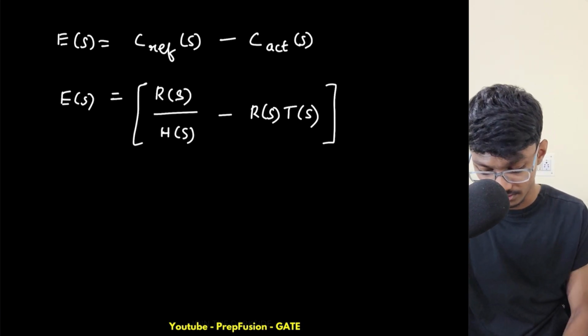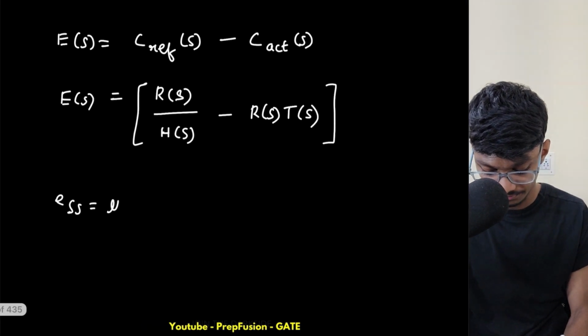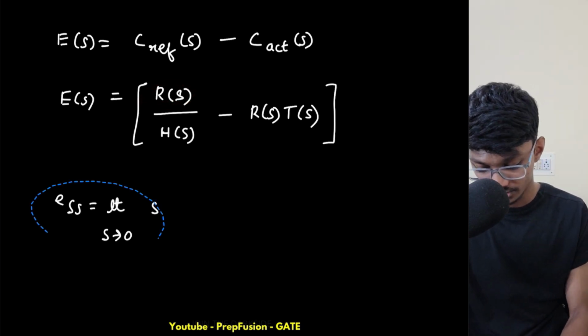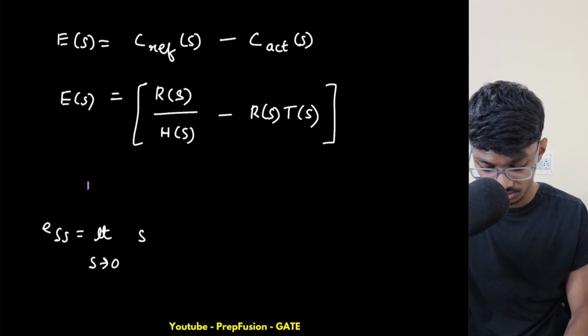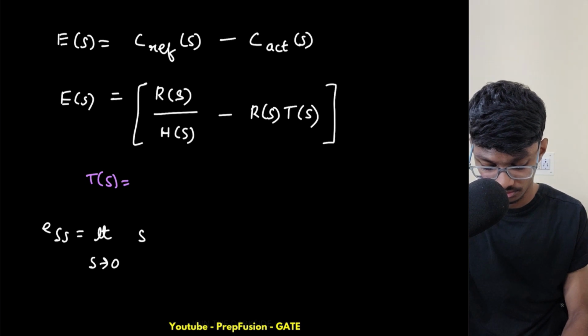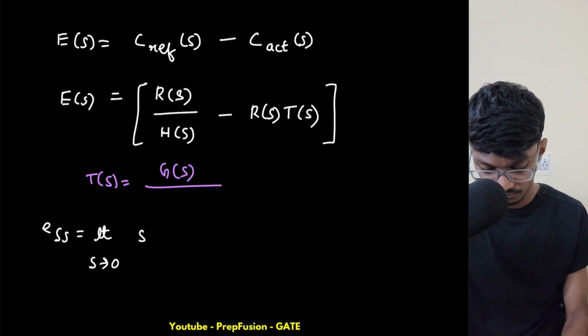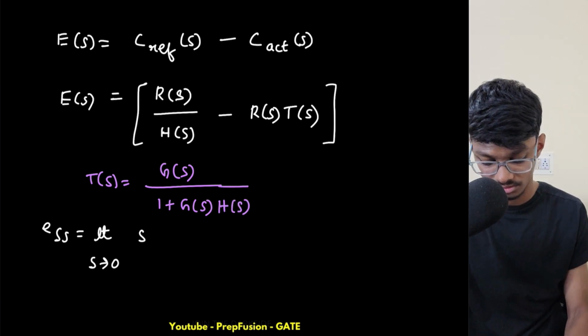So my steady-state error will be limit s tending to 0 of s. I can take R of S common here, right? First of all I will write T of S; I will explain T of S, else few people will get confused. T of S will be G of S by 1 plus G of S into H of S. Very important.